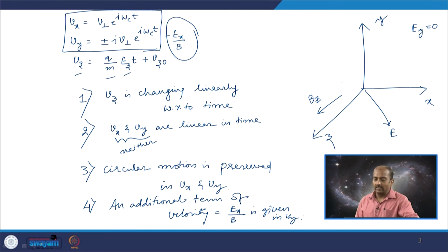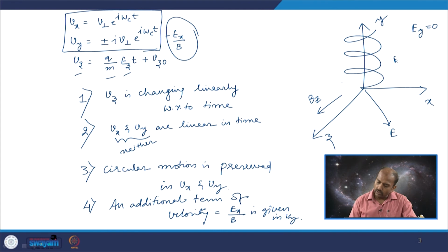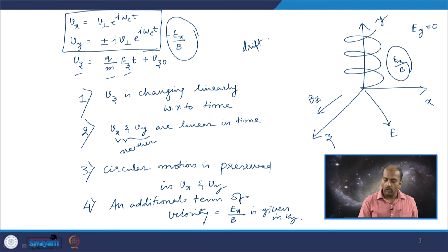So, what you can say is that the Vx and Vy components of velocity are of course making the particle execute circular motion, but this circular motion is superimposed with another component of velocity which is Ex by B. This superimposed component of velocity is generally called the drift of the guiding center.